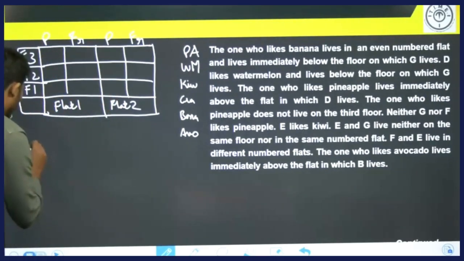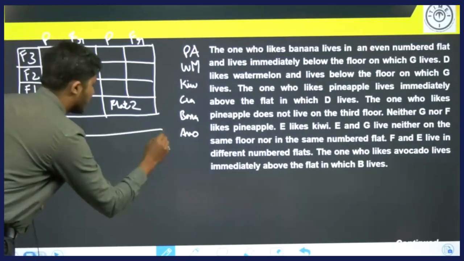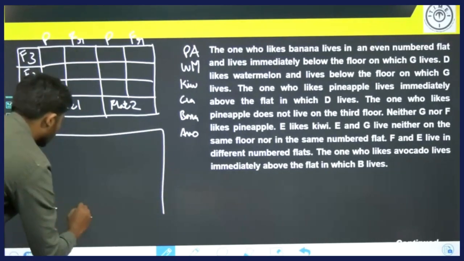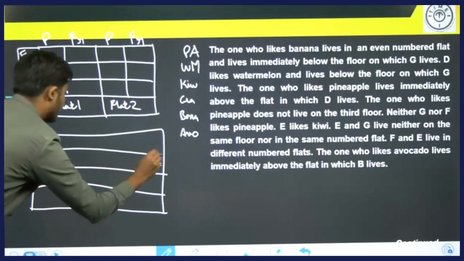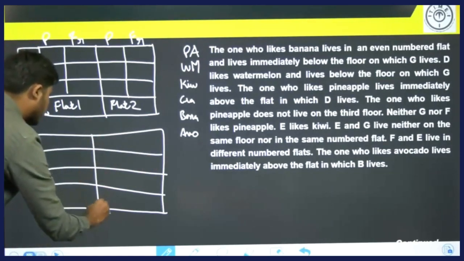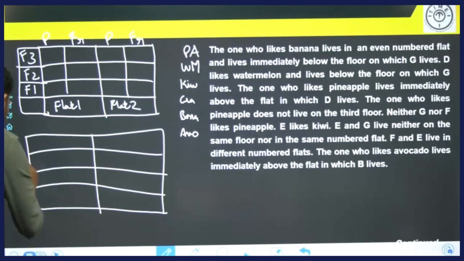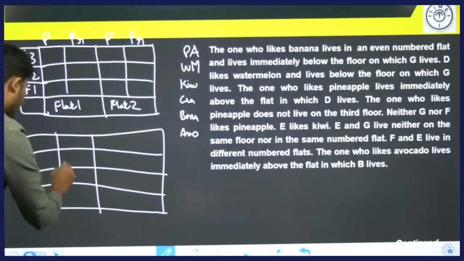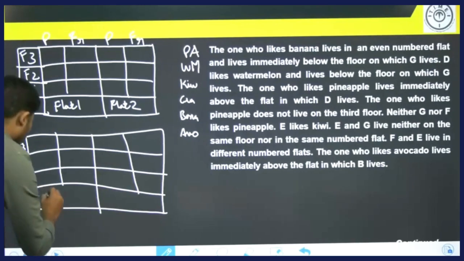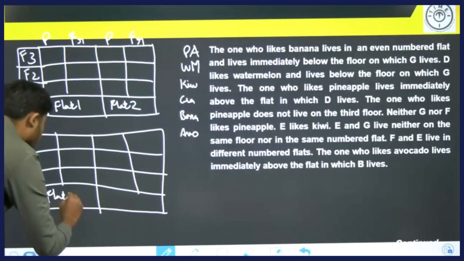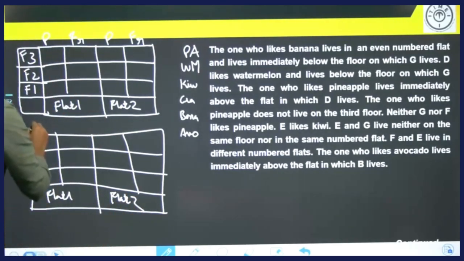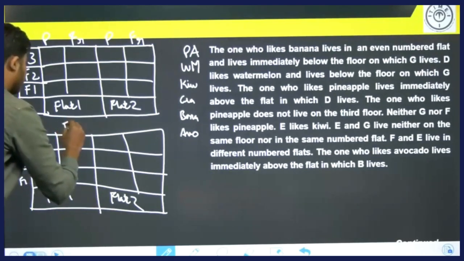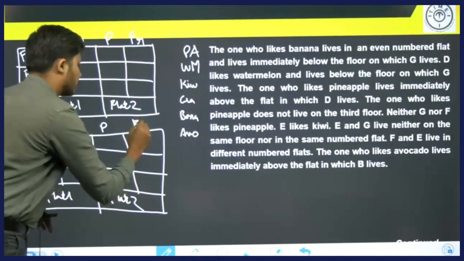So let me draw another case. We draw the same table, 3 floors. This is floor 1, floor 2, floor 3. Further divide it into 2 columns, flat 1, flat 2, again person and fruit.